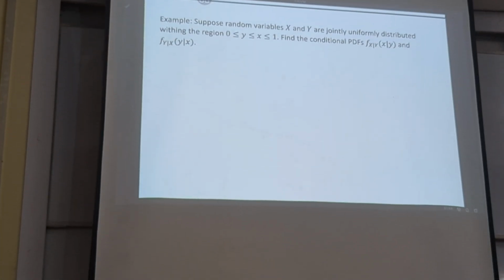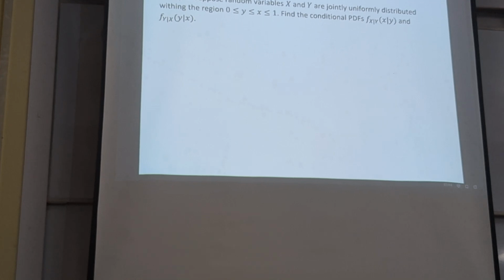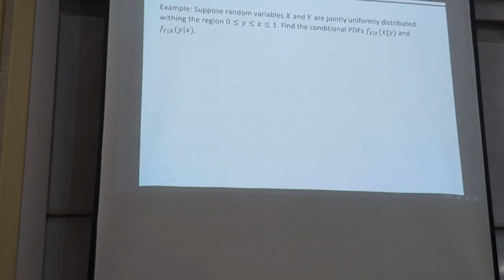The square of one unit length has area 1. We are considering half of this square. So the area defined by these limits is half, and so the PDF density is equal to 2. So from here we can easily write the joint PDF of x and y equal to 2.